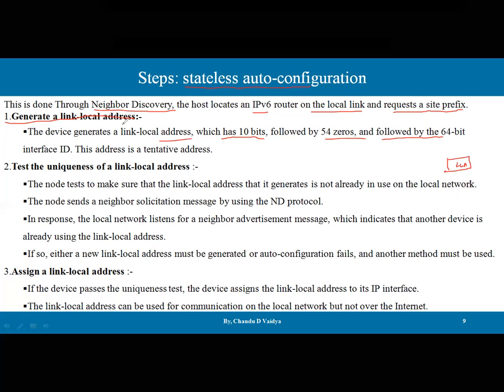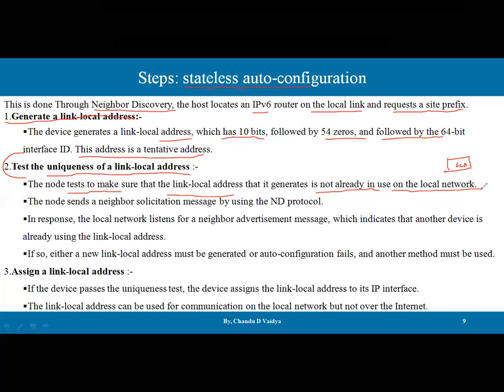Once this link local address is generated, it is tentative, because it has not been assigned to any host yet; it has to pass the uniqueness test. So the second step is the uniqueness of the link local address. In this step, the node tests to make sure that the generated link local address is not already in use on the local network.